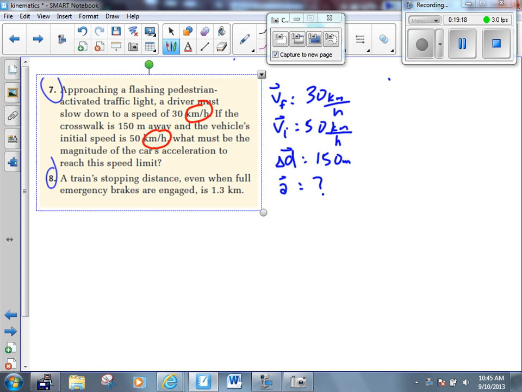Let's convert these actually first. 30,000 meters over 3,600 seconds is 8.33, 8.3333.